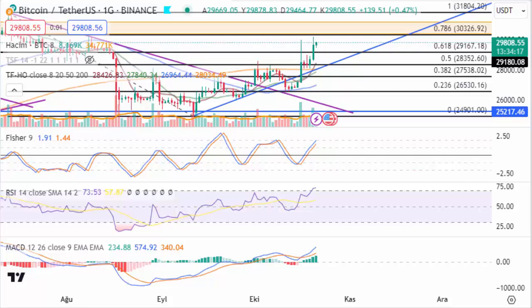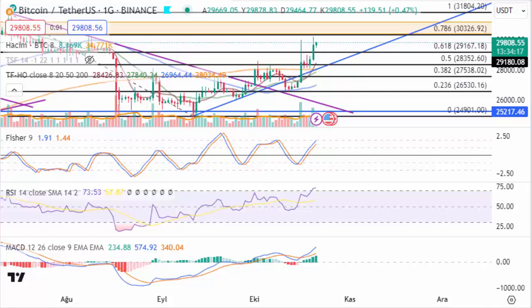Afterward, they quickly rise to the 0.618 level. The key point here is that we never want the 0.618 level to break to the downside. If such a breakout occurs, we could see a retracement down to the 0.382 level, which is approximately $27,538. So, we can say it might fall to this level.